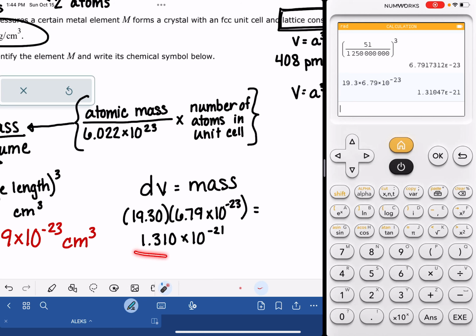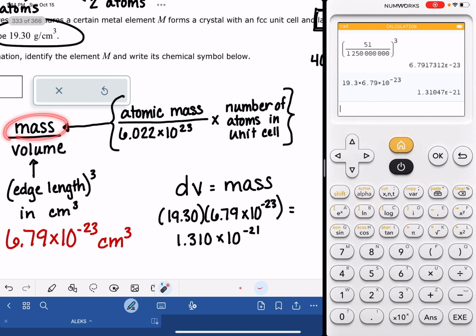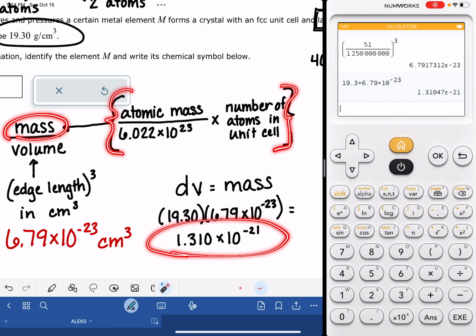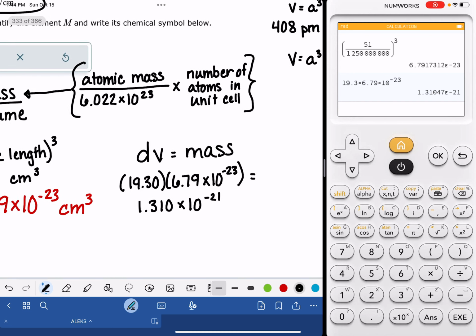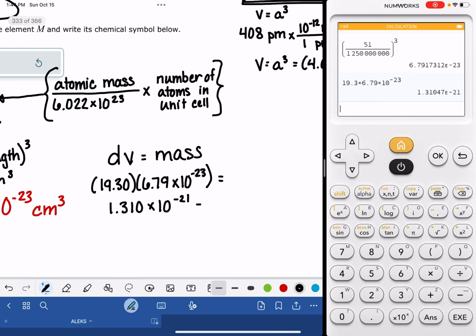Now, recognize that this number that I just calculated, that's the mass. That is all of this business. So 1.310 times 10 to the negative 21 is equal to the atomic mass divided by Avogadro's number times the number of atoms in the unit cell. So I'm not done. I've got a lot more math left to do.